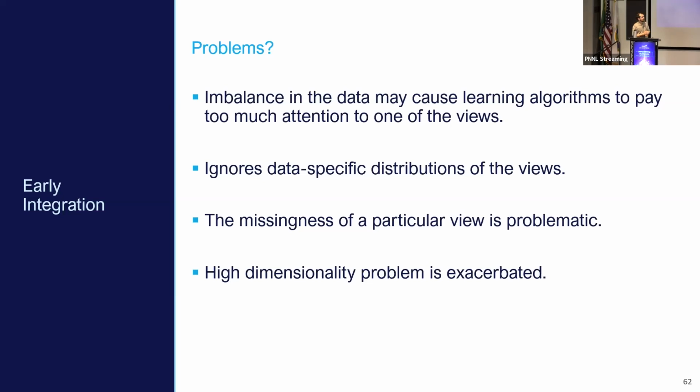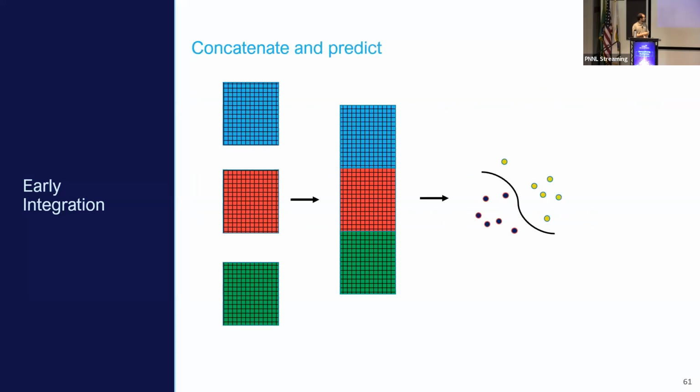Imbalance or heterogeneity across your views may cause it to pay too much attention to one of them. And like I said before, there may be data-specific distributions, like count data in one of them and continuous normally distributed data in another.